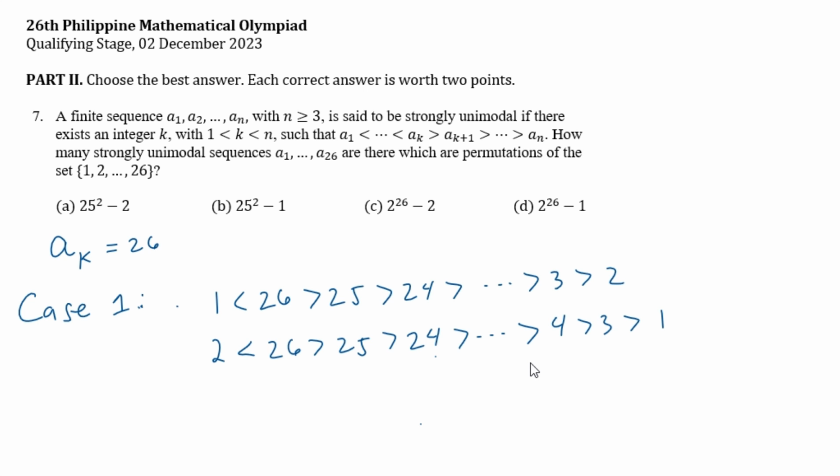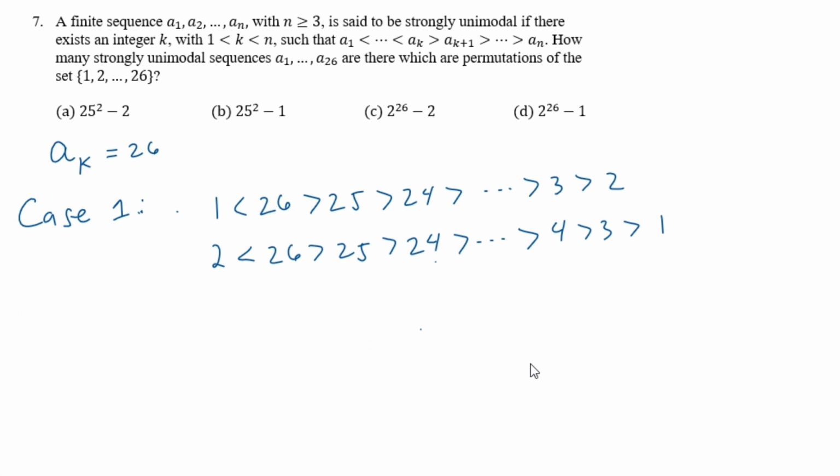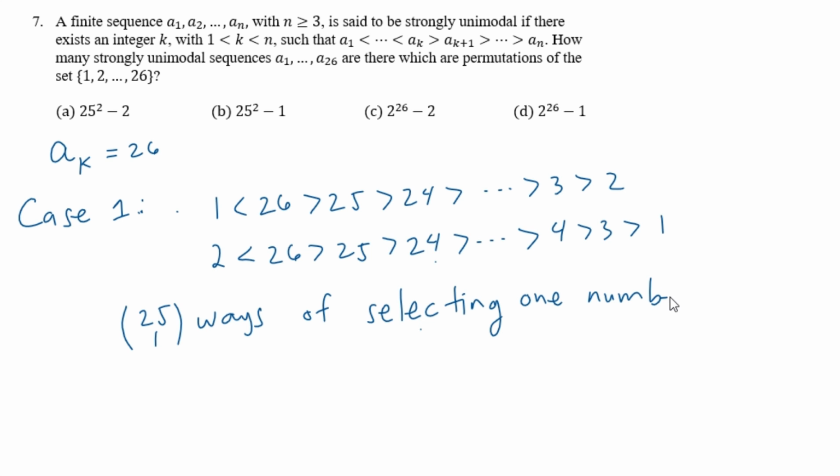So we can choose one of these 25 numbers in 25 choose 1 ways. So there are 25 choose 1 ways of selecting one number from the set 1 to 25 to be placed to the left of 26.